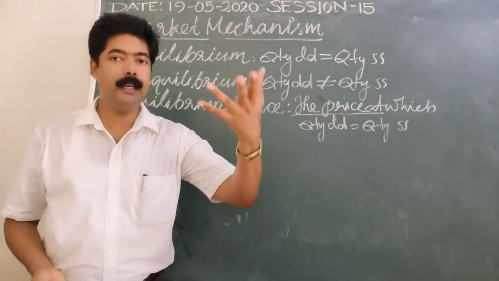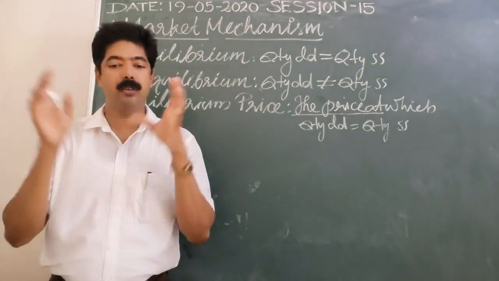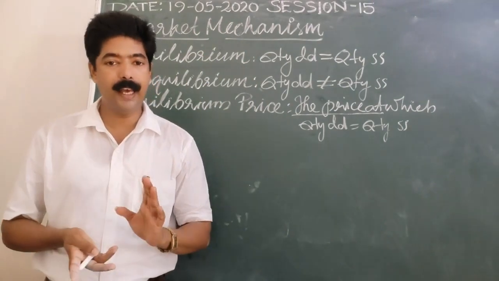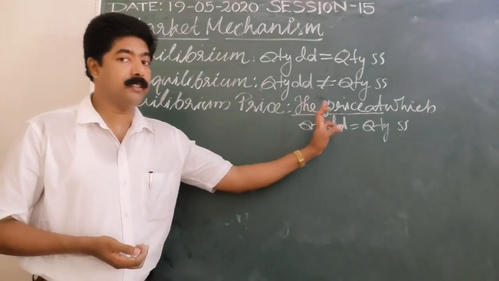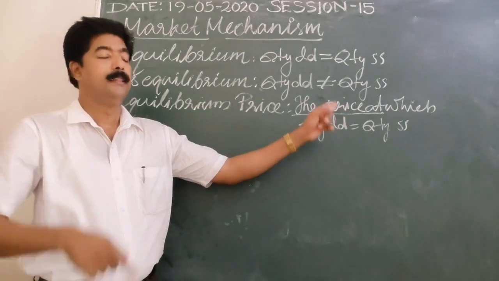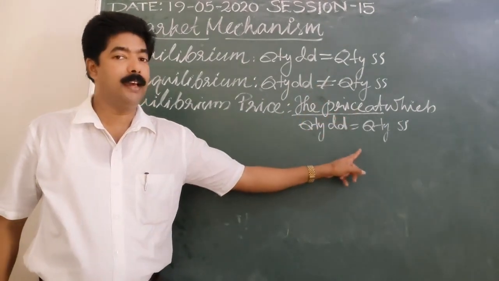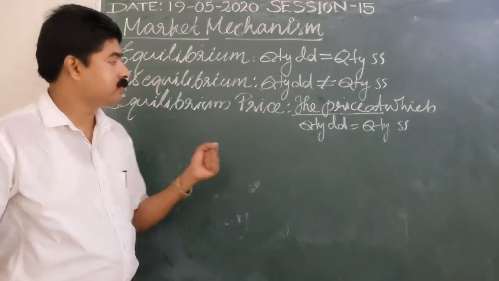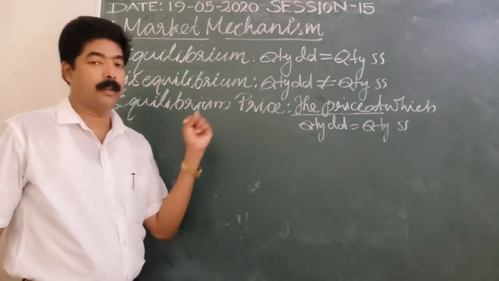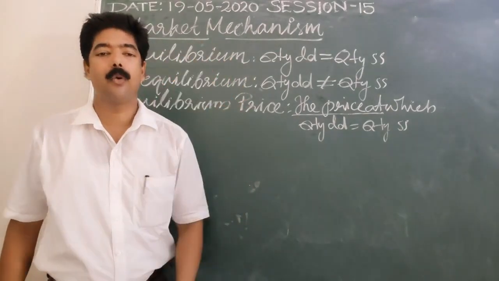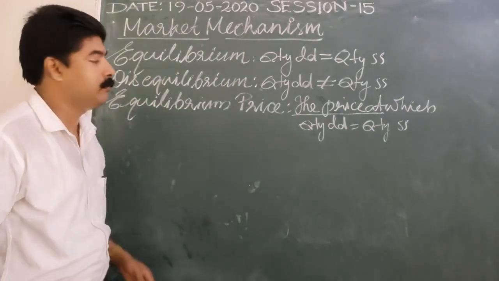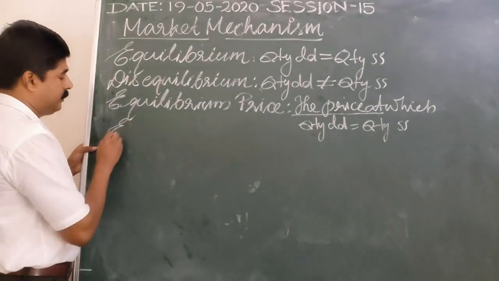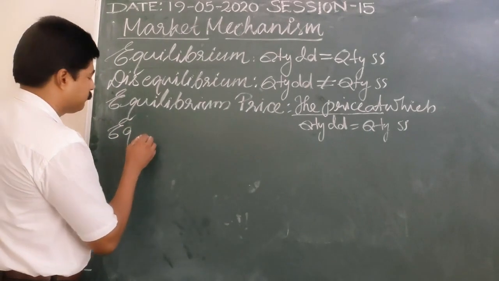So the demand side and supply side are two different concepts. We know that equilibrium price is the situation where the price at which quantity demanded is equal to quantity supplied. Similarly, we will study equilibrium quantity and equilibrium point.